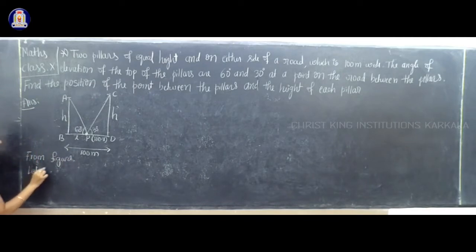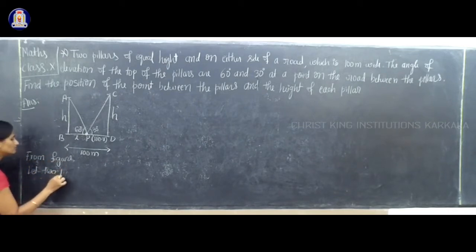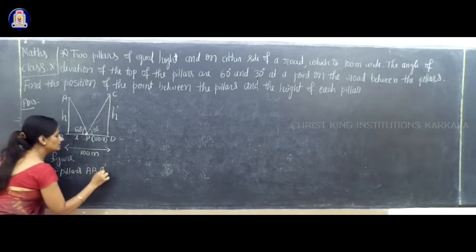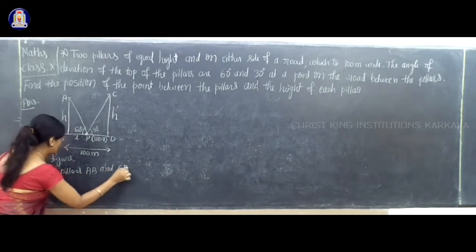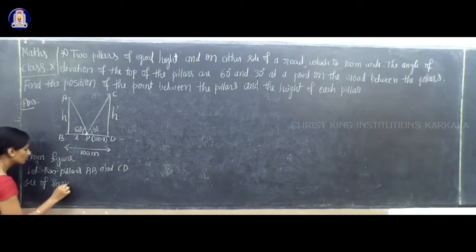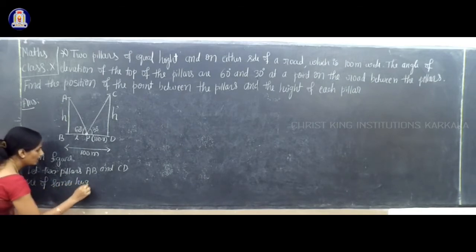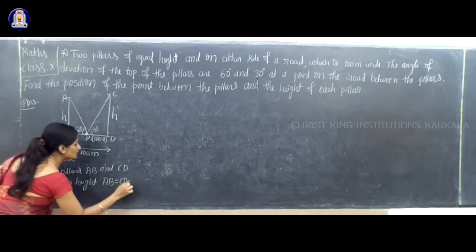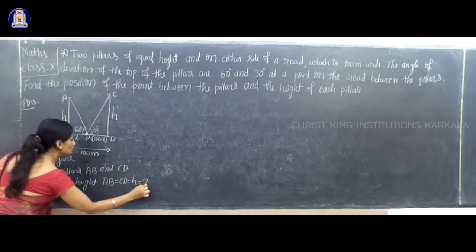From the figure, let the two pillars AB and CD be of the same height, and that height is AB is equal to CD is equal to H. That is your question mark.